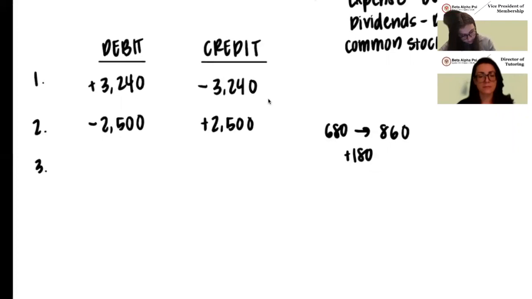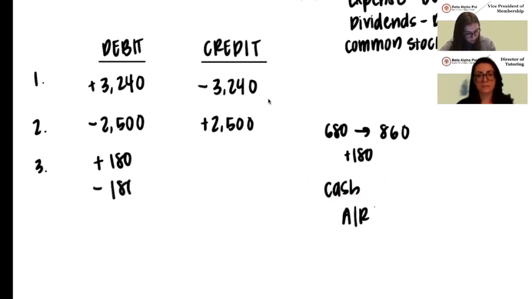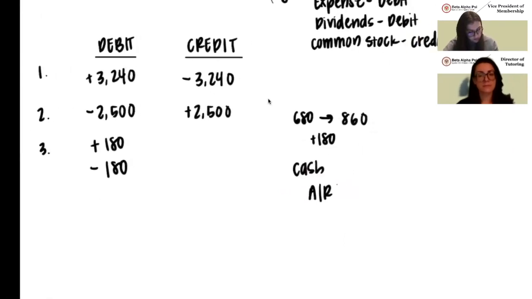So when we debit cash and credit AR, we're going to add 180 on the debit side for cash. But when we are crediting something that has a normal debit balance, we keep it on the debit side and do a minus 180. So even if you're debiting something or crediting something that has a normal debit balance, you keep it on your debit side. It's just a matter of if you add it or you subtract it.